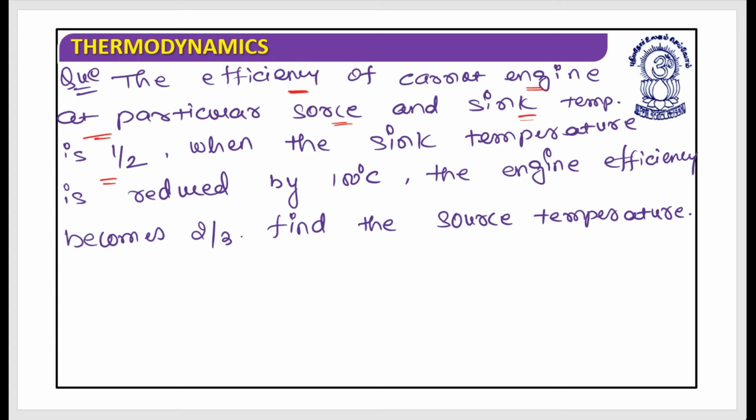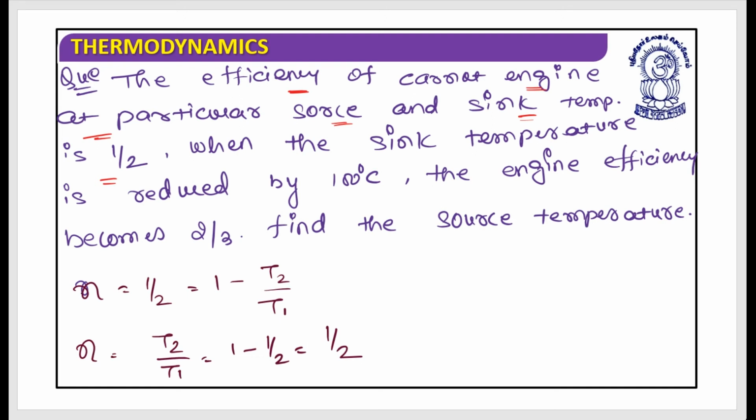So this efficiency, which is equal to 1 by 2, would be equal to 1 minus T2 by T1. So T2 by T1 is equal to 1 minus half, which is equal to half. This is the initial efficiency, and this is the temperature ratio T2 by T1, which is 1 by 2. I hope this is clear.